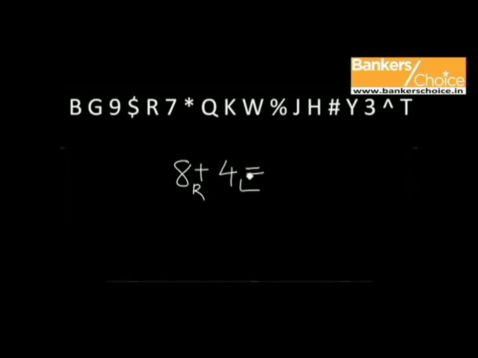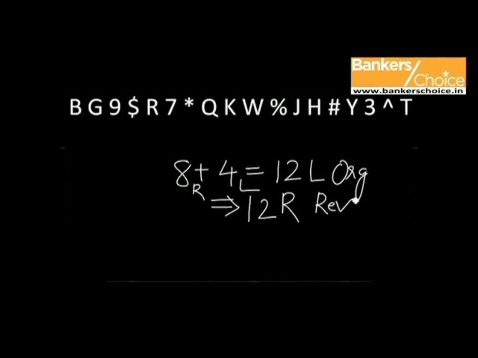So this comes out to be the 12th element from the left end in the original series. But as the series is reversed, the 12th element from the left end becomes the 12th element from the right end in the reverse series. And as we can see, the 12th element from the right end here is star. So the answer is star.